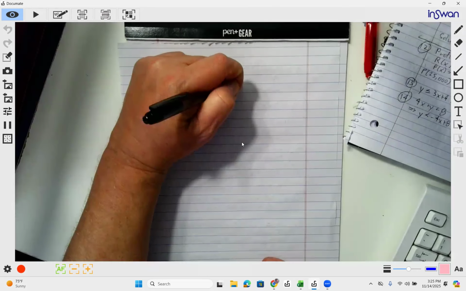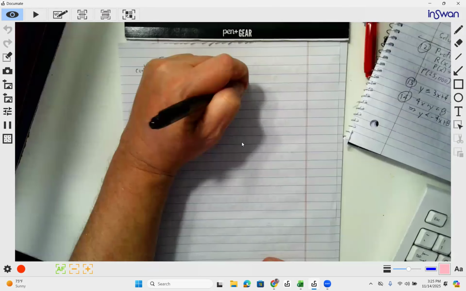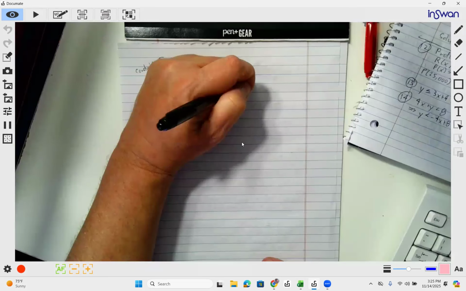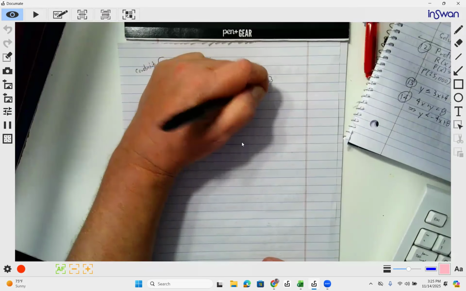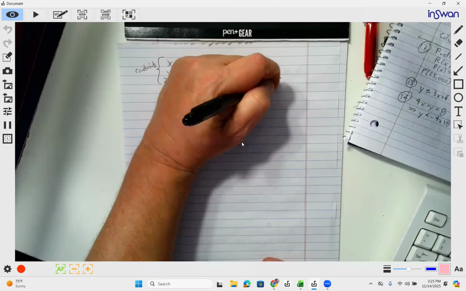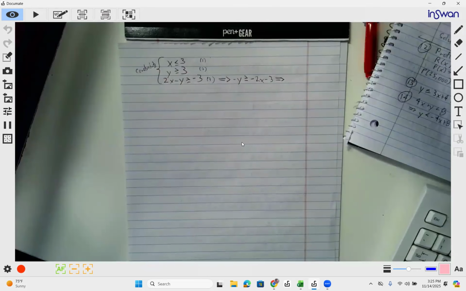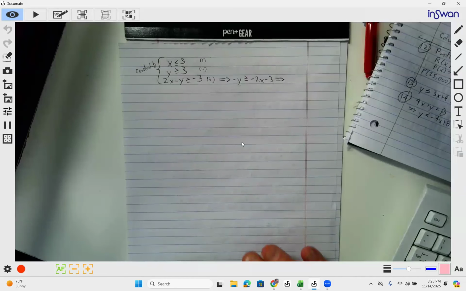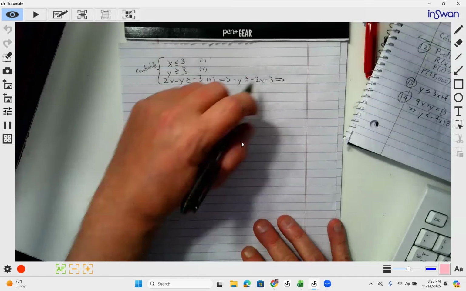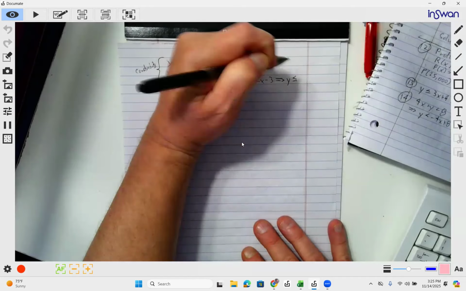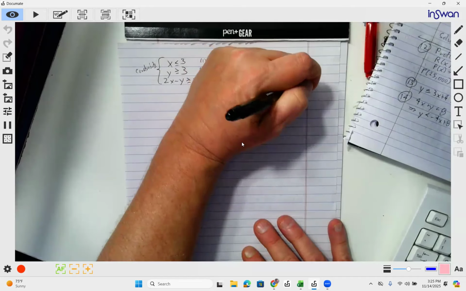And if I do that, I'm going to get negative y is greater than or equal to negative 2x minus 3. But now I have to multiply both sides by a negative. That means I have to flip the inequality. That's going to give me y is less than or equal to 2x plus 3.